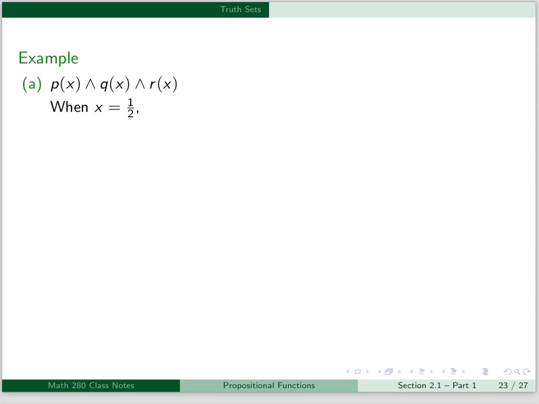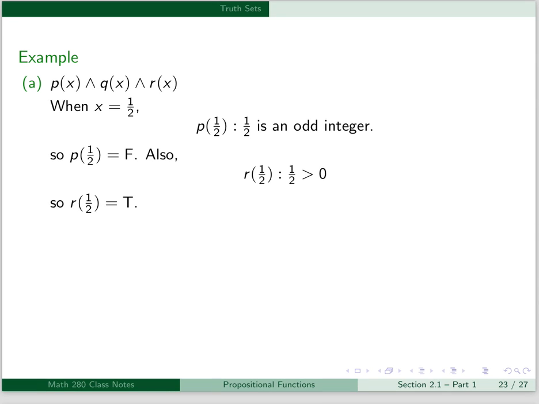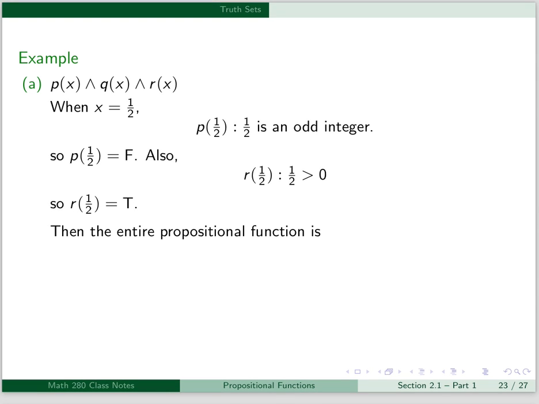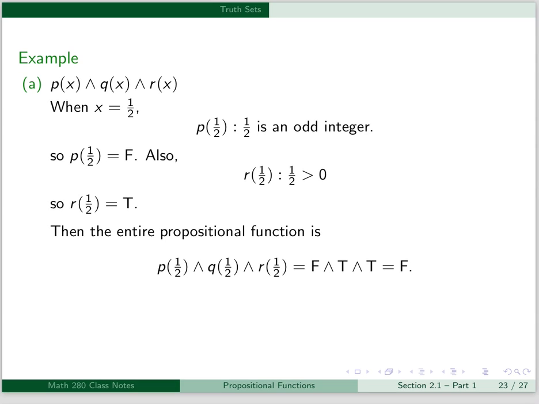When x is equal to 1/2, p of 1/2 is "1/2 is an odd integer." So p of 1/2 is false. Also, r of 1/2 is "1/2 is greater than 0." So r of 1/2 is true. Then the entire propositional function is p of 1/2 and q of 1/2 and r of 1/2, which will be false and true, which is false.